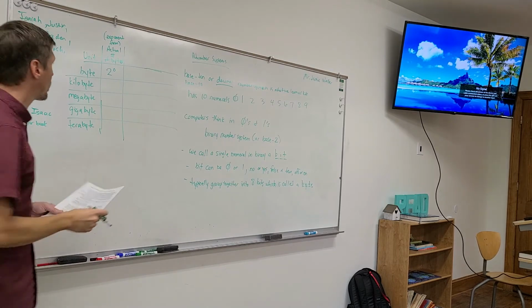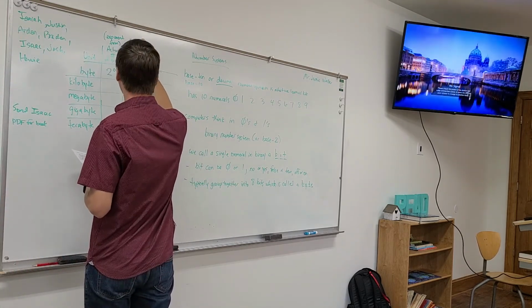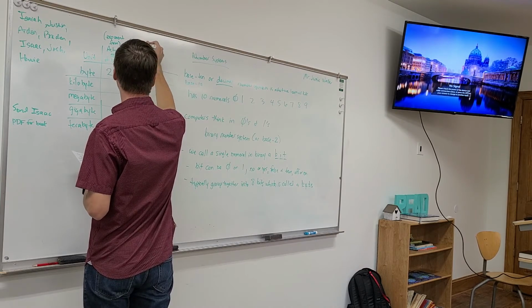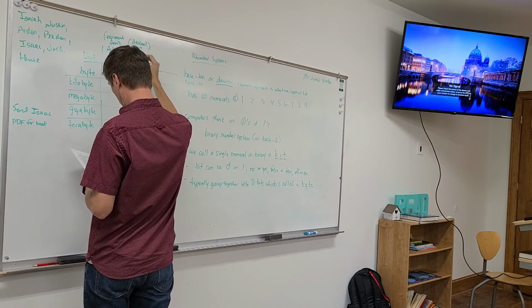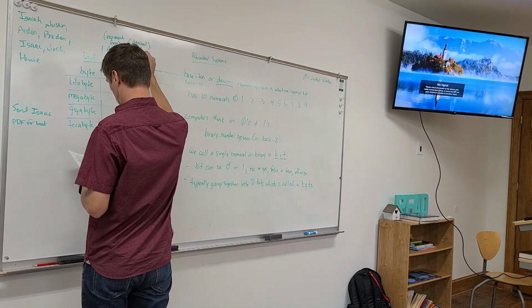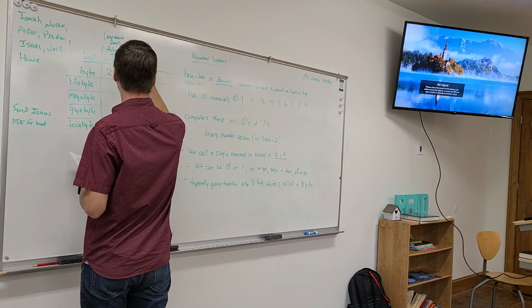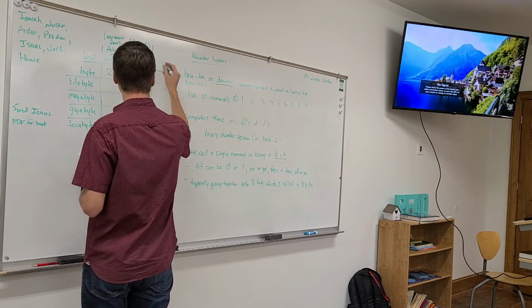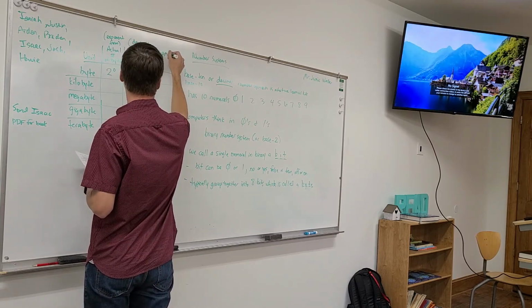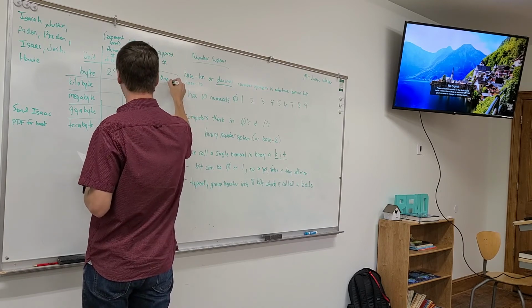Because anything raised to the 0 power is 1. This is decimal form here. Number of bytes. So that's just 1, and the approximate number would still be 1.